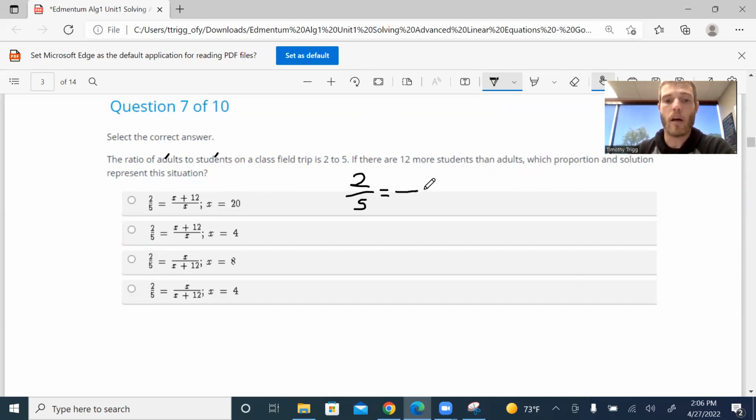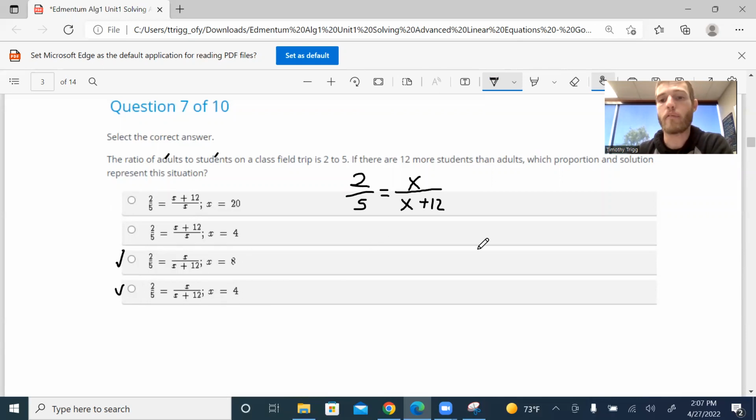So for the number of adults, we're going to say X. And the number of students, there's 12 more than that. So that's going to be X plus 12. Like this. So it's either this one or it's this one.